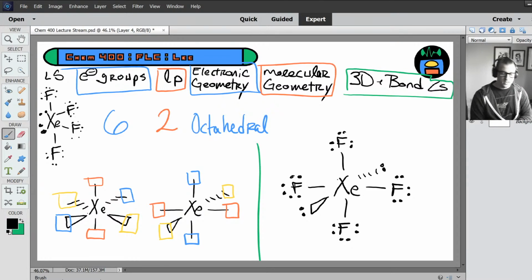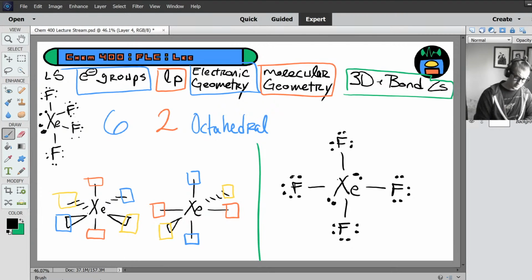All right, so let's figure out our molecular geometry. We're only interested in the shape the atoms make, so we're going to erase the lone pairs and just depict them as two dots on our central atom.